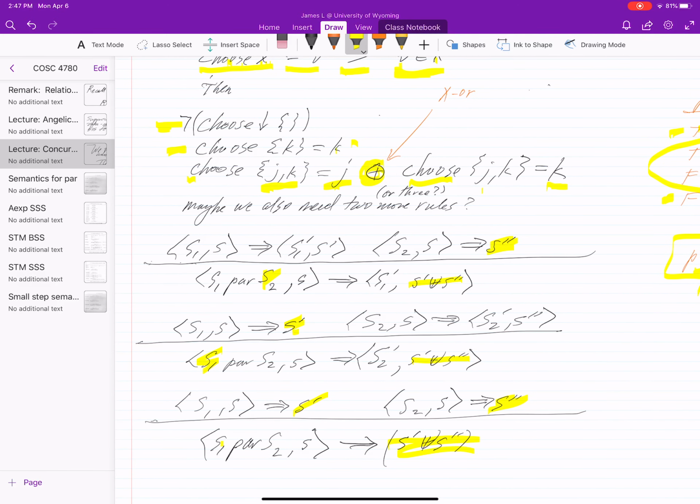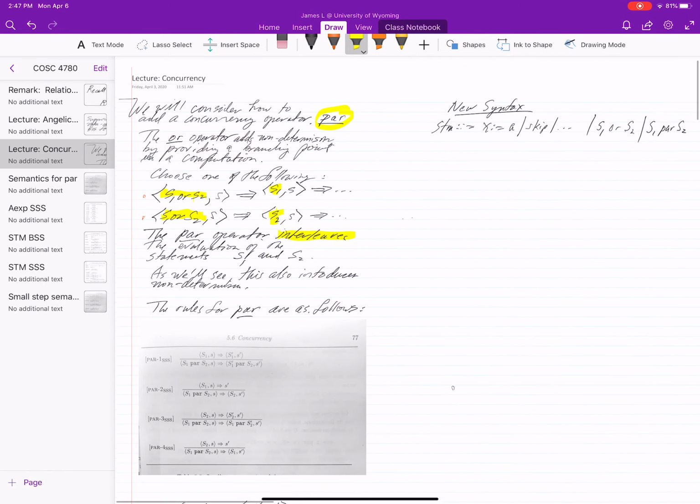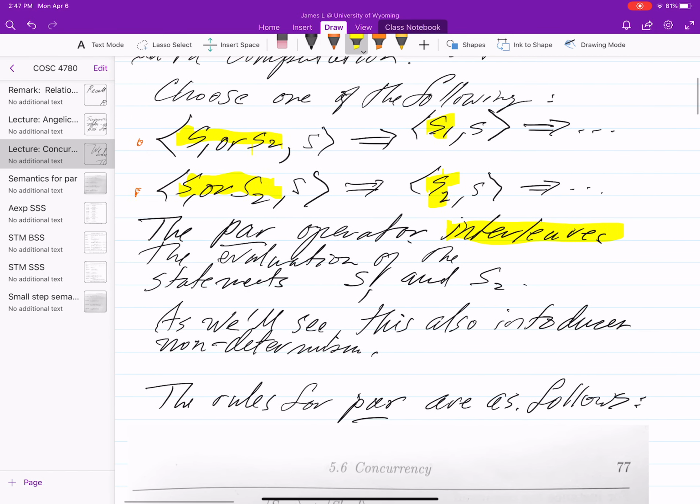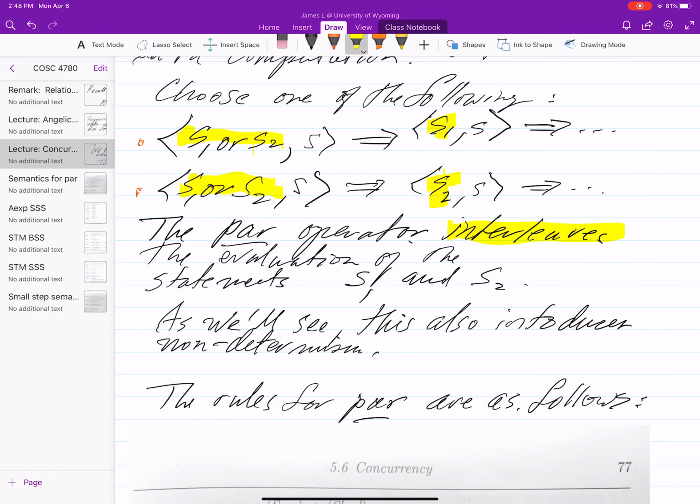So if we go back to the beginning, though, it says, okay, look, the semantics of par are supposed to be the interleaving evaluation of statements S1 and S2. In other words, you can execute the statements from S1 and S2 in any order, as many of them as you want.